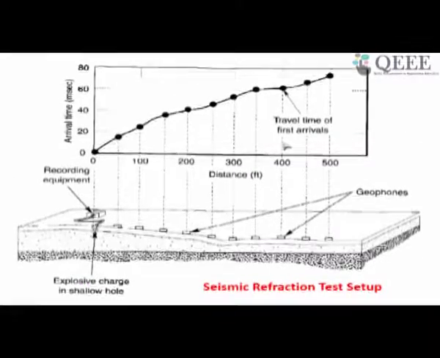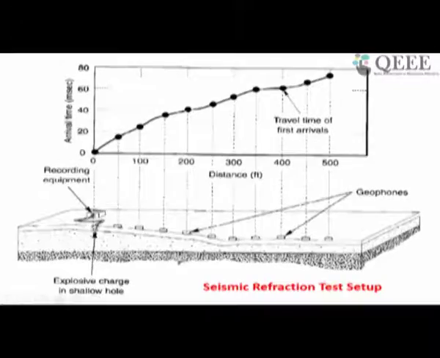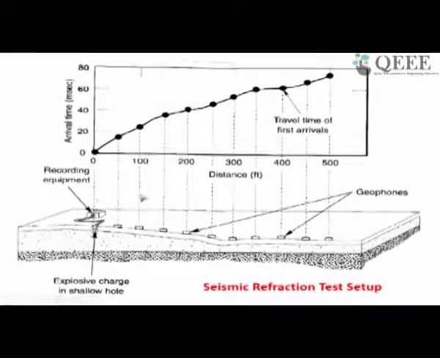Now coming to this particular seismic refraction test setup or method, as I already showed you, there is the source of seismic waves where you generate the seismic waves, then you have various geophones where you receive the signals.